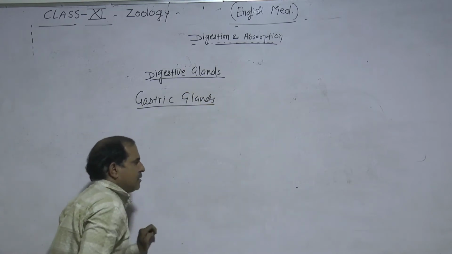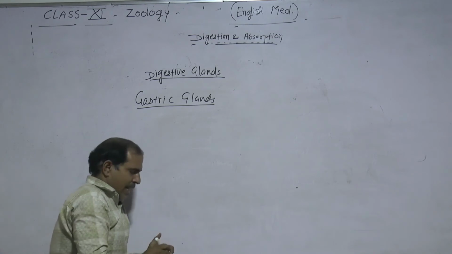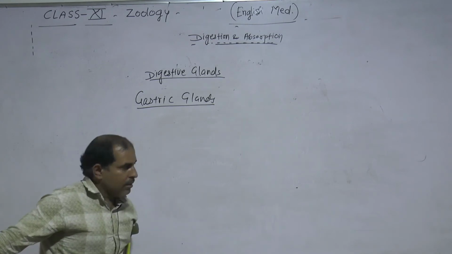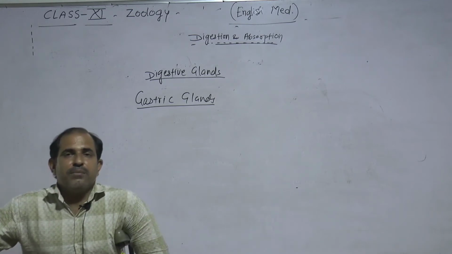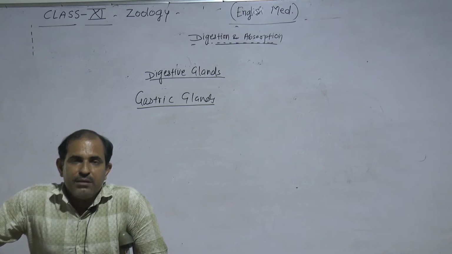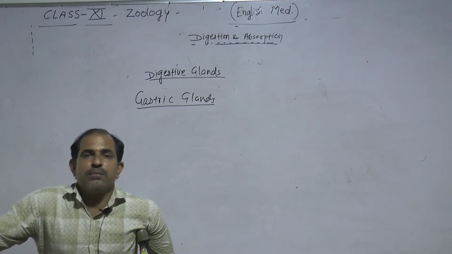And the gastric glands are present in the wall of the stomach. The gastric glands are named after the part of the stomach in which they are present.